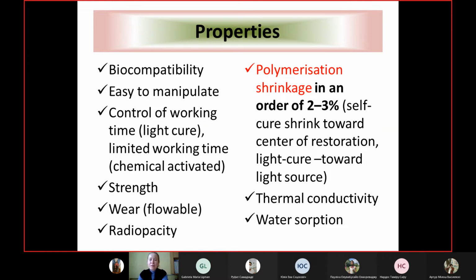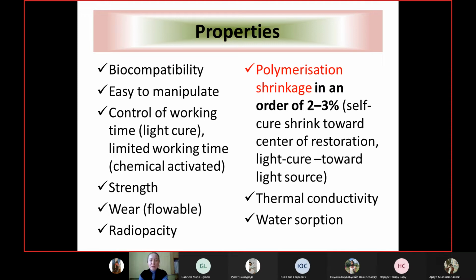Together with this property, resin composites have few more, and they are as follows: biocompatibility, easy to manipulate, appropriate control of working time when it goes about light curing composite materials, and of course limited working time when it goes about chemical activated materials.